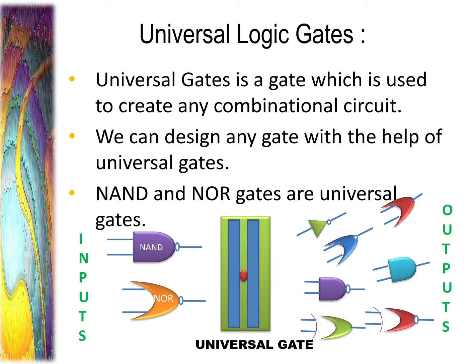NAND and NOR are both known as universal gates. We can send anything from NAND or from NOR as input, and we get any gate as output. We can create anything.